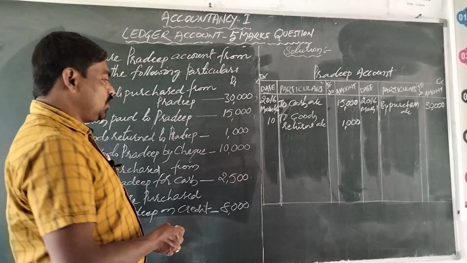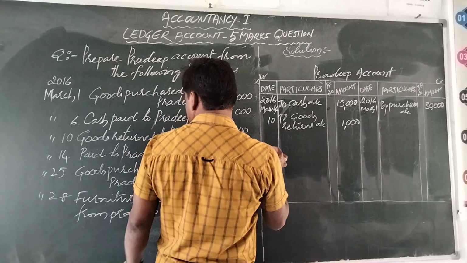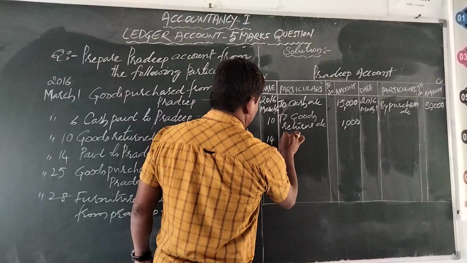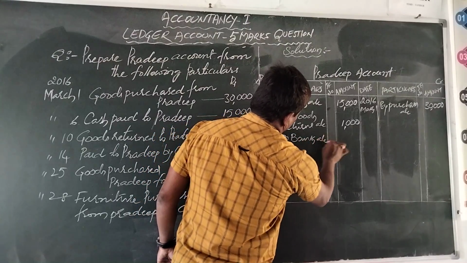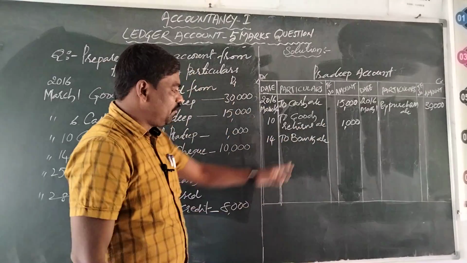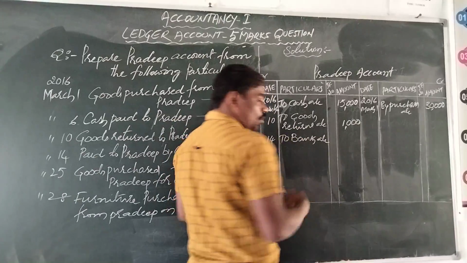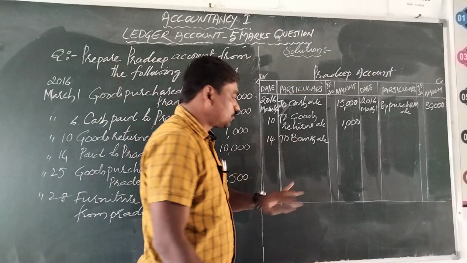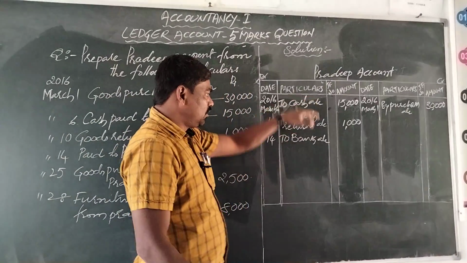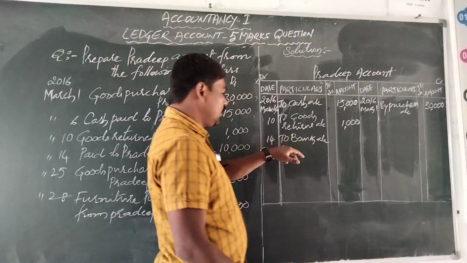So in the Pradeep account debit side, you write date 14th, to bank account. In the particulars column, we write the opposite account name. You know the journal entries and the pro forma of ledger posting, so directly I am entering in the particulars column the opposite account name, that is bank account.